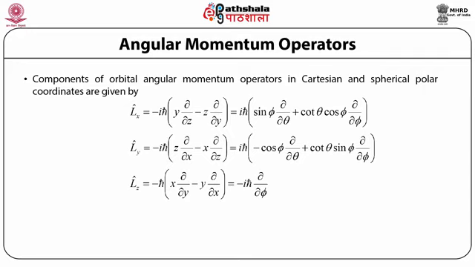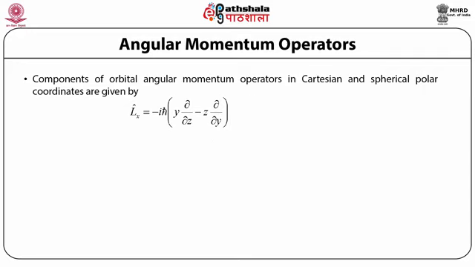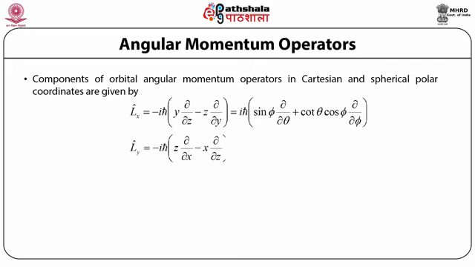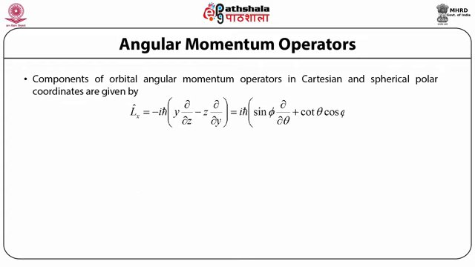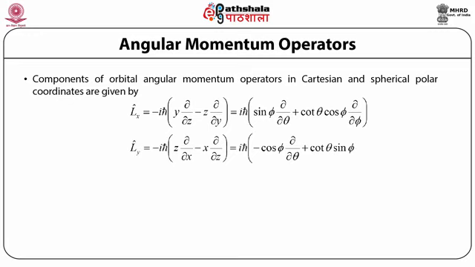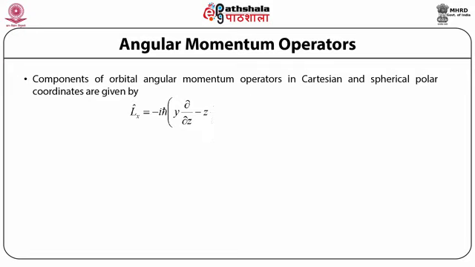Now, similarly, we can define the y component of the orbital angular momentum operator. Operator Ly is equal to minus i h cross times within brackets z times partial differentiation with respect to x minus x times partial differentiation with respect to z.